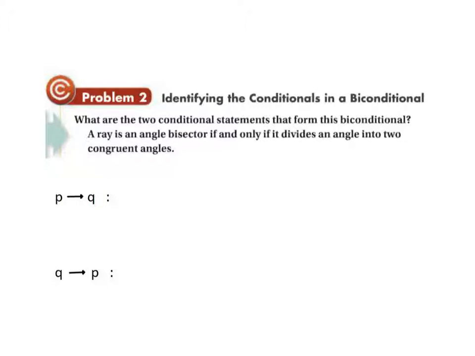So I'm going to start off, and I'm going to say the ray is an angle bisector. That's the P. So I'm going to think of this as the P. Divides an angle into two congruent angles.